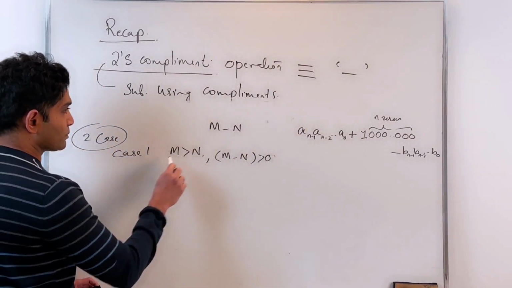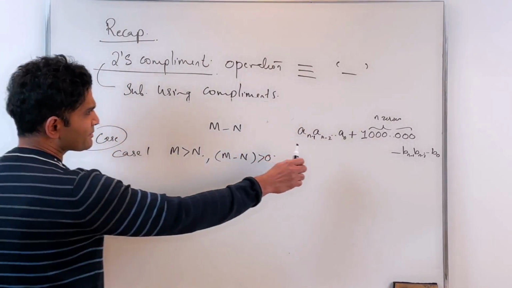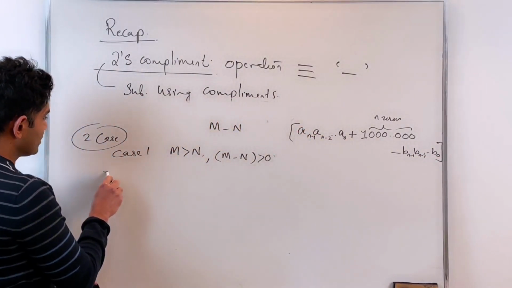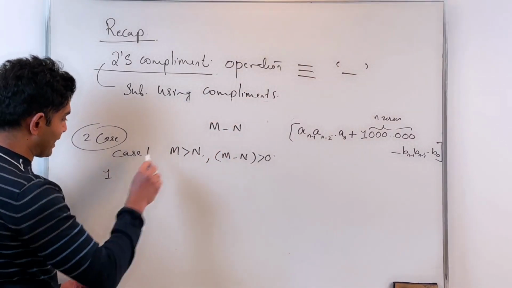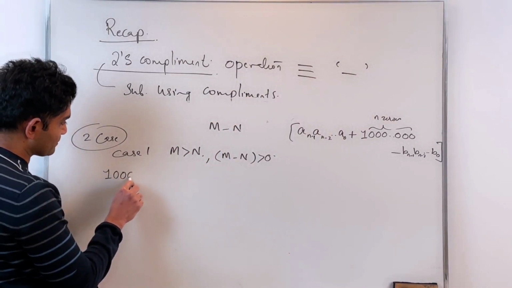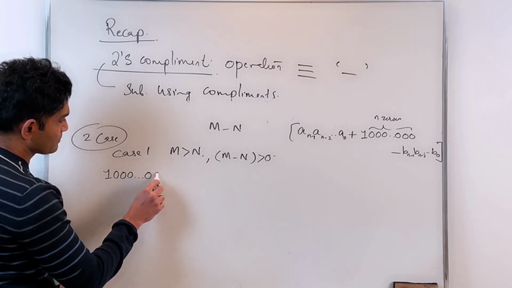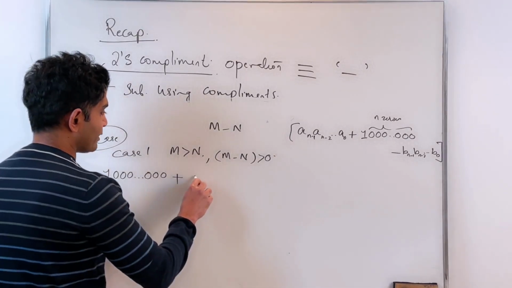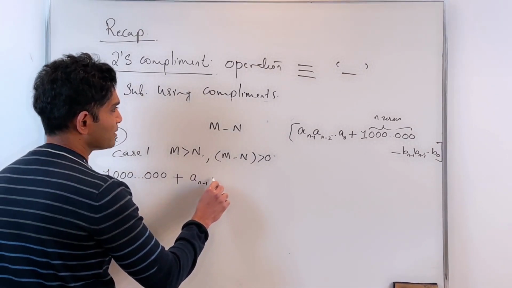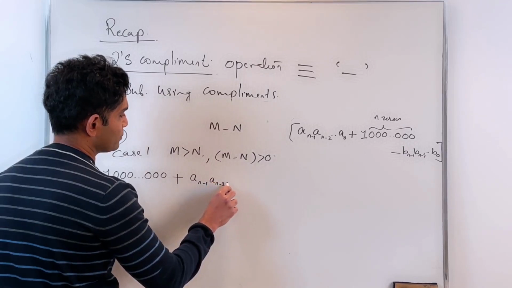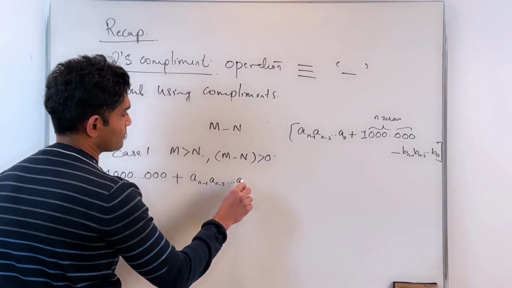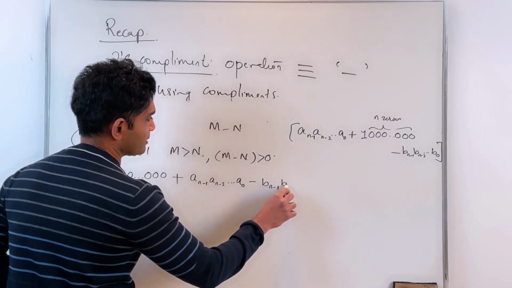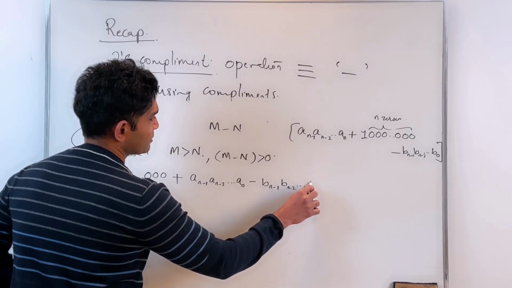Okay. So now I would rearrange these terms a little bit. I'll take this r power n in the beginning, to the front, plus a n minus 1, a n minus 2, a 0, minus b n minus 1, b n minus 2, b 0.